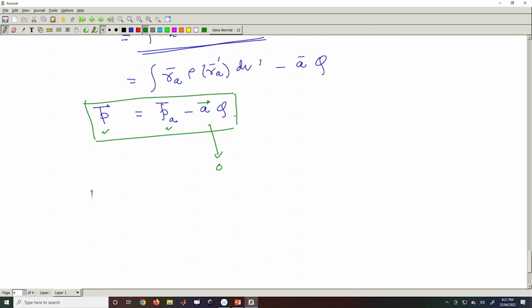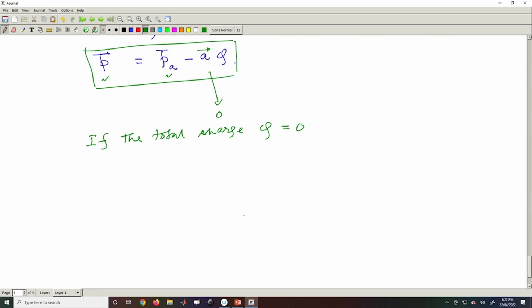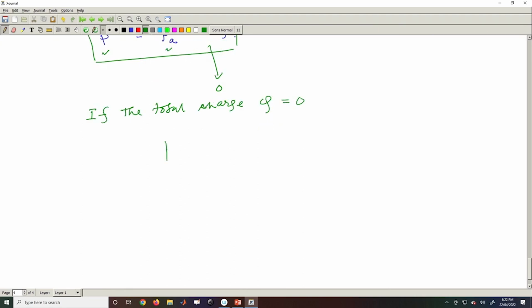So, if the total charge Q in the distribution is equal to 0, we simply have P is equal to P A. So, whatever the dipole moment we had in the previous case, I can have the same.